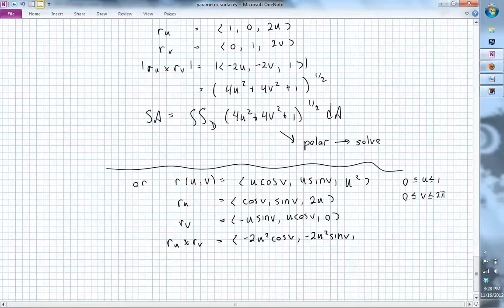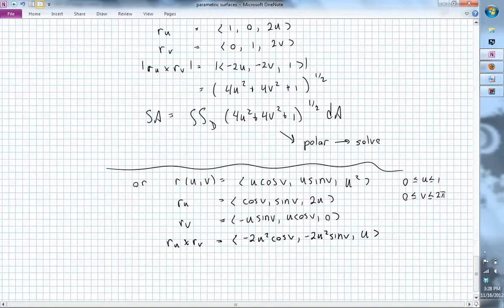What do we get out of the third one? Not 0. u. Right there, you get a sine squared plus cosine squared in there. Check that if you don't believe me.